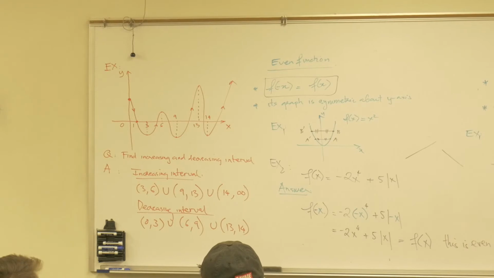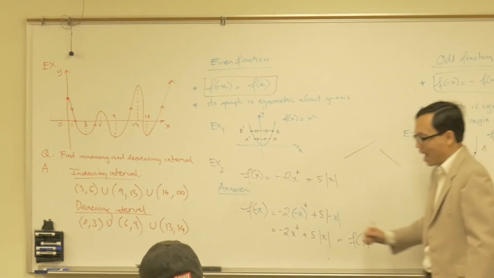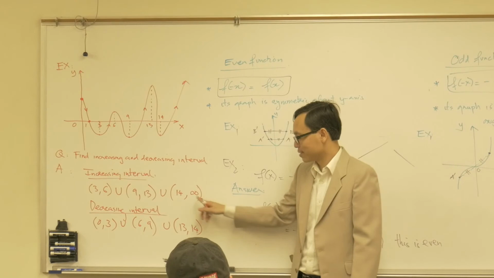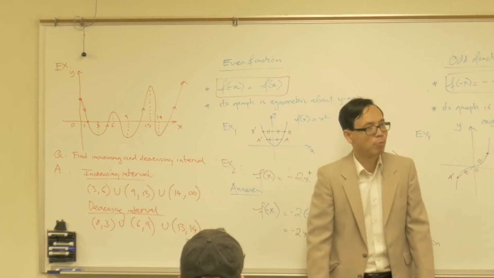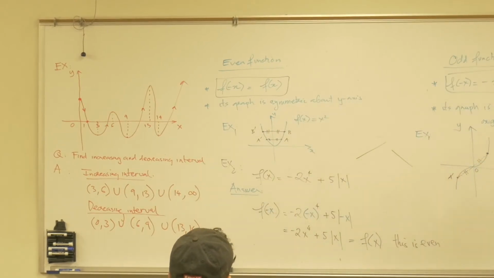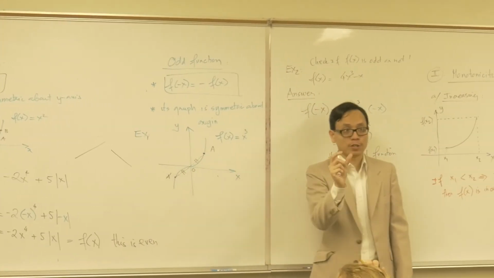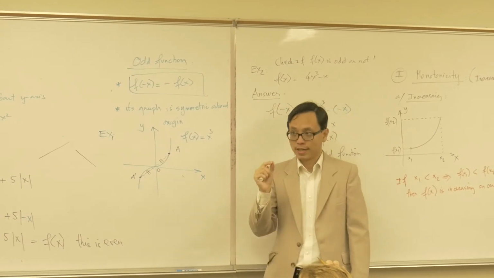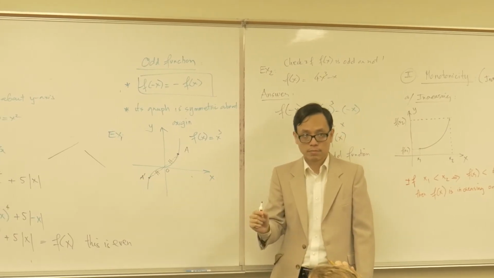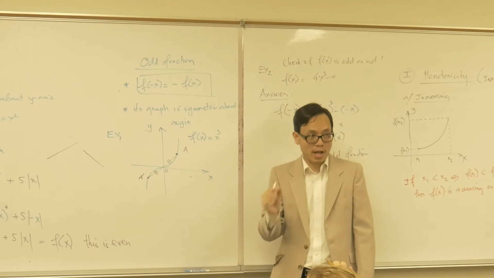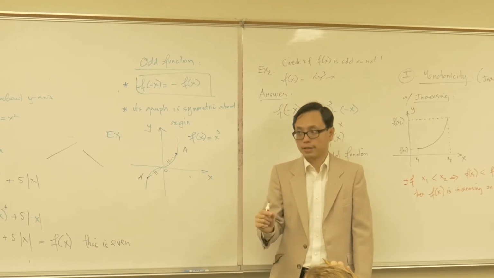So if you notice, you see that I always use parentheses. So that is what you need to remember. Every time you write interval notation for increasing and decreasing, don't ever use bracket.